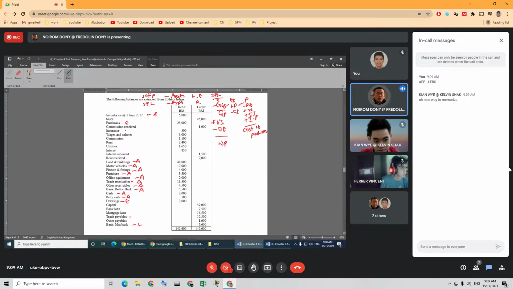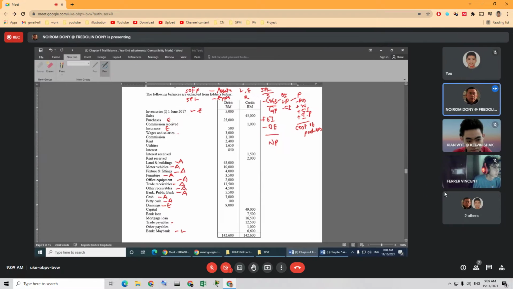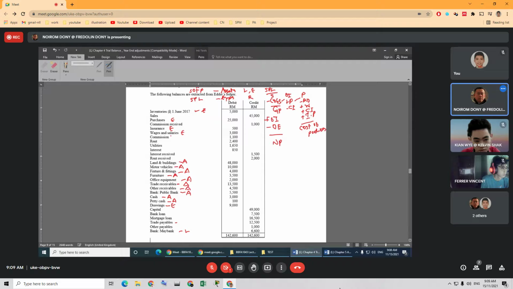It is very important for you to be able to identify which one is expenses. Why? Because if it's expenses, it doesn't go to SOFP. This goes to SPL.